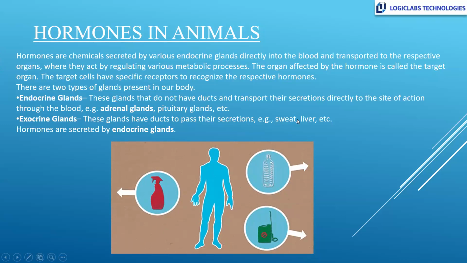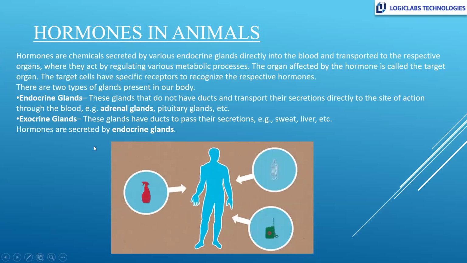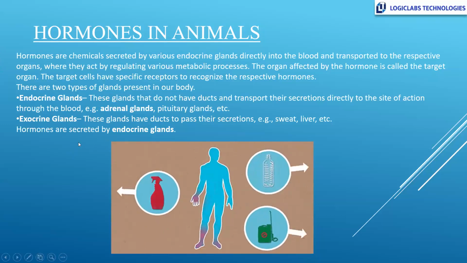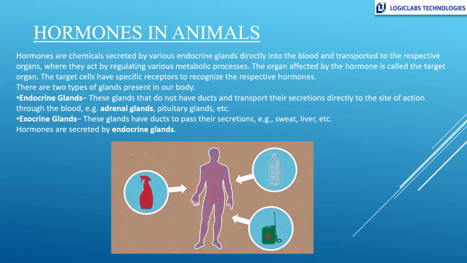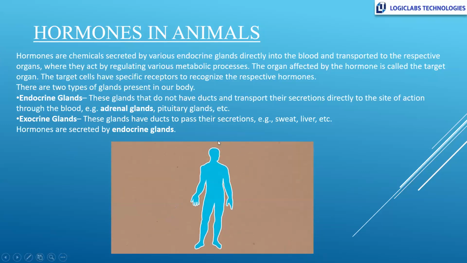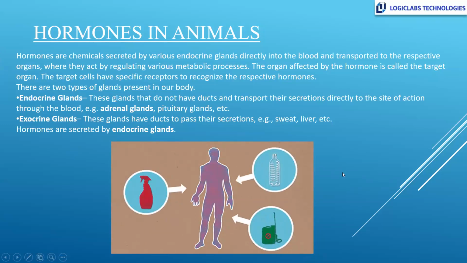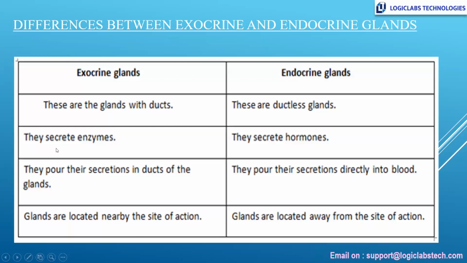Next, hormones are secreted only by the endocrine glands. This is more important. Coming to the differences between the exocrine and endocrine glands: exocrine glands, as already discussed, have ducts, whereas endocrine glands do not have ducts; they are ductless glands.